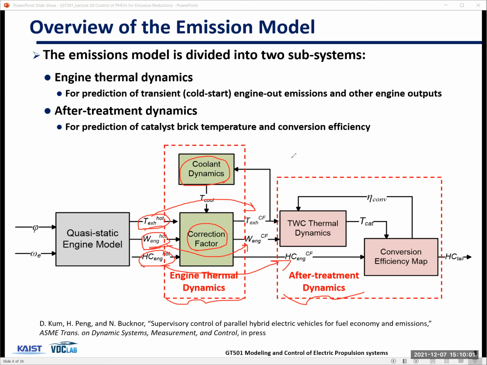And by doing that, we can calculate corrected cold engine outputs, cold engine emissions.